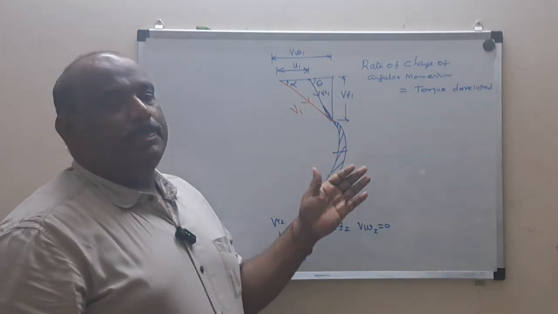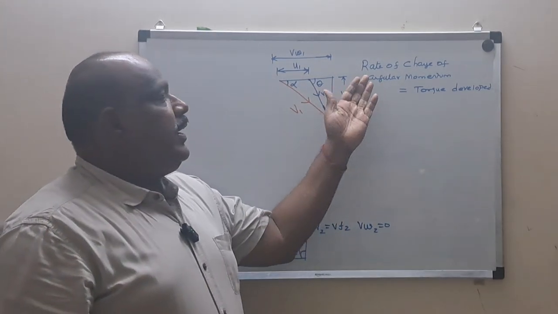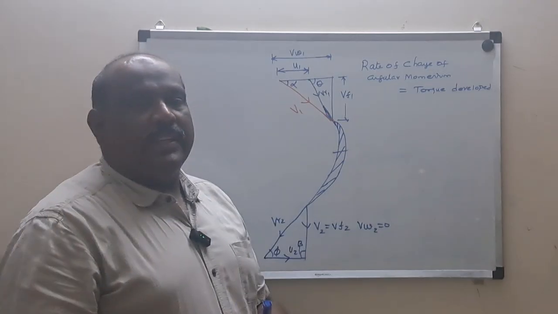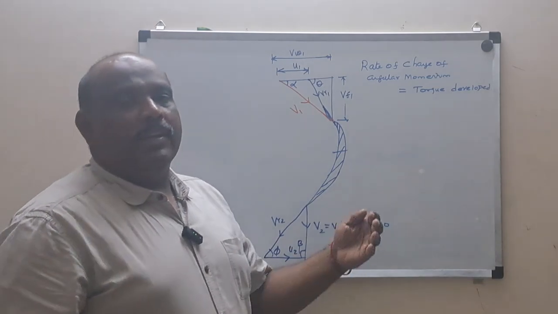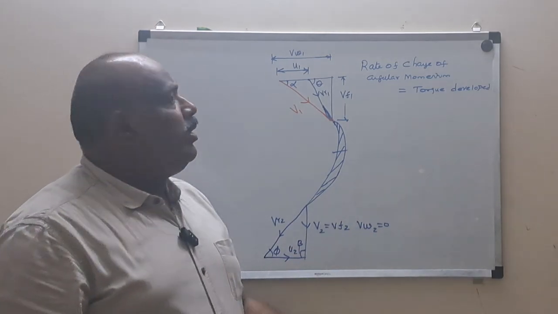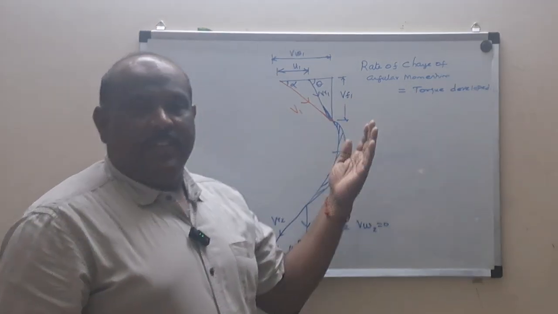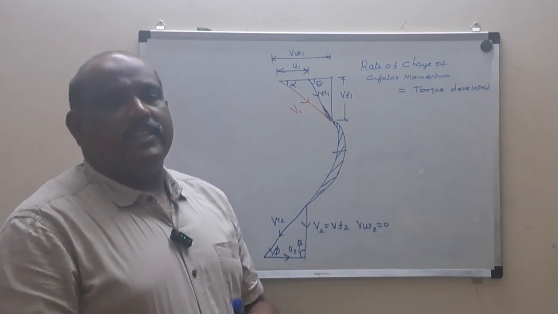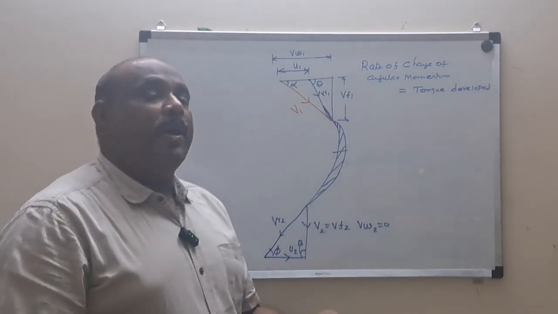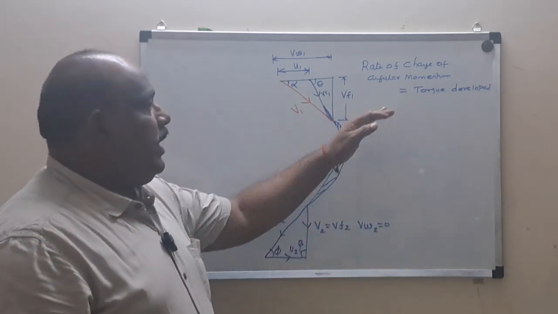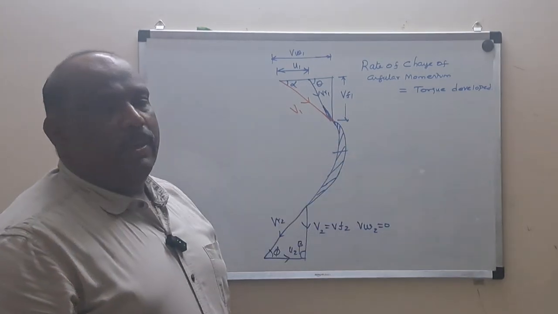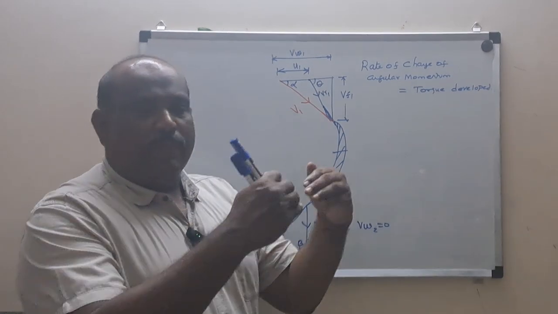The principle is that the rate of change of angular momentum will result in the development of torque. Or if you apply some torque, it will result in a rate of change of angular momentum. Both ways, x equals y or y equals x. So this only we are going to take as a basic principle, and from this we are going to derive it.